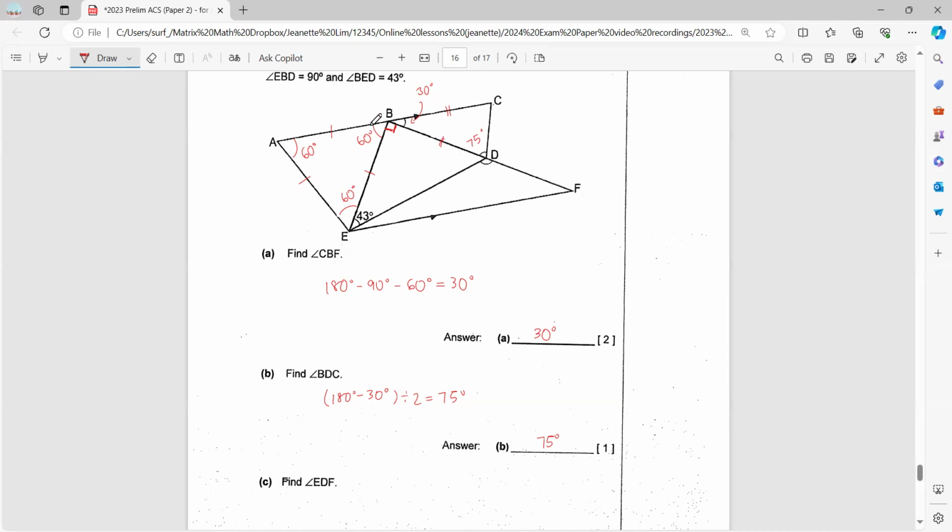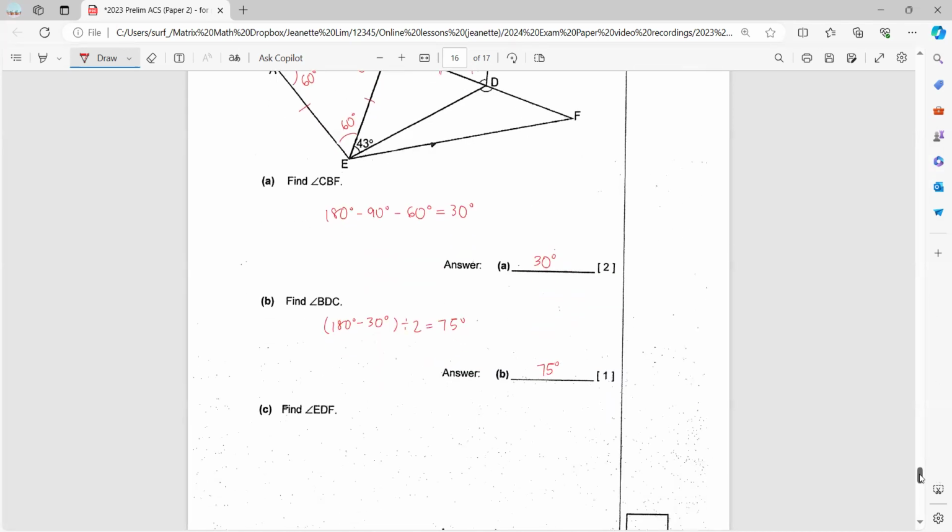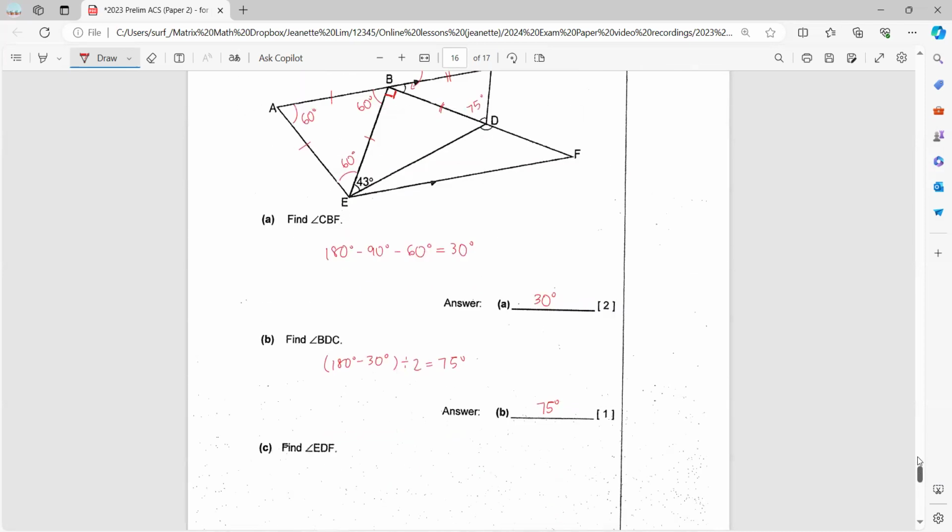So how to find BDE? To find BDE, use this triangle here. Sum of angles in a triangle add up to 180. So 180 minus 90 minus 43. That is to find angle BDE.